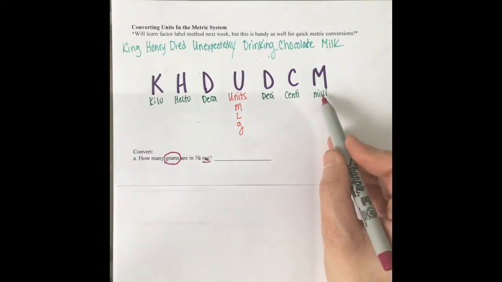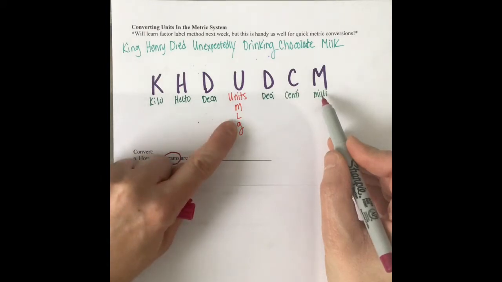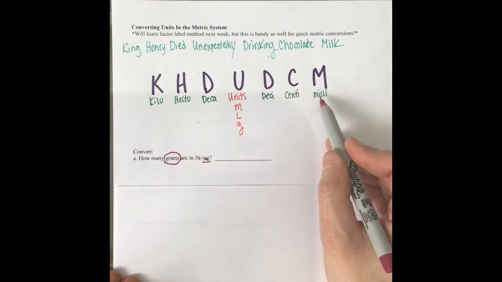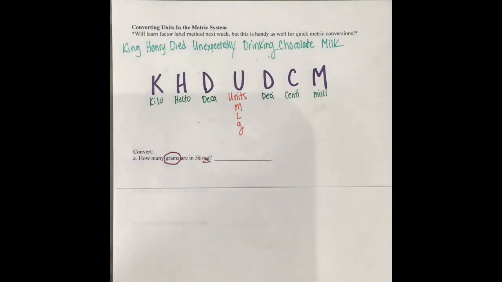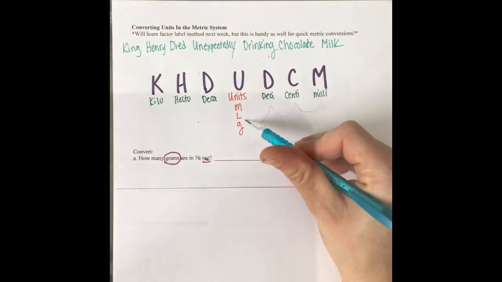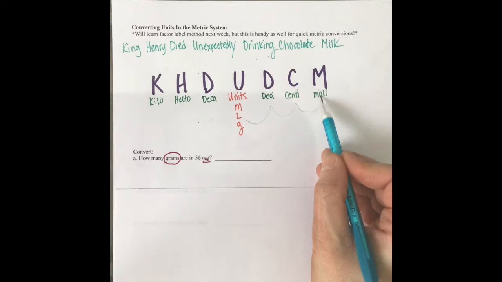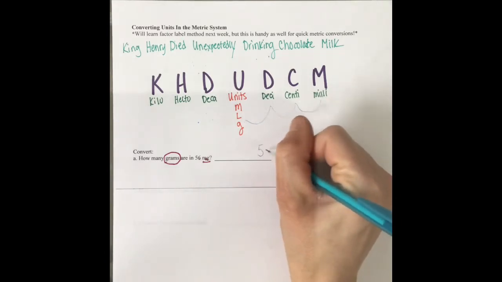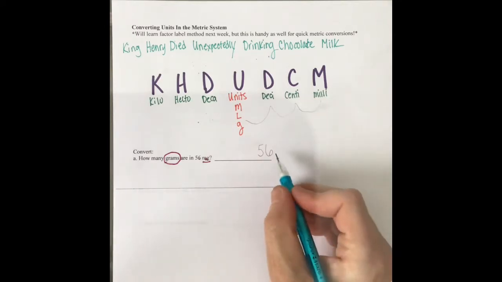So I want you to put your pen on milligrams, and we're going to count how many jumps it takes to get over here to grams, because that's what we want to find. Let me do this in a pencil so I can erase it for the next one. So if I'm here at milli, I'm going to jump 1, 2, 3 places to the left to go from milli to grams.